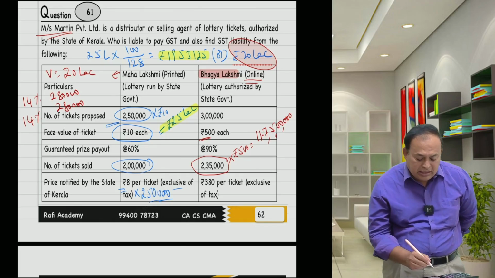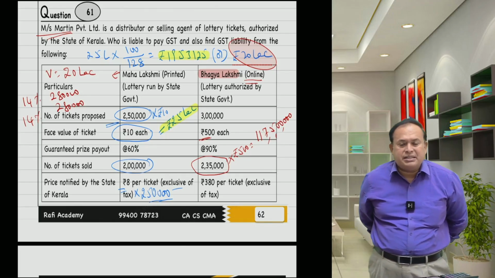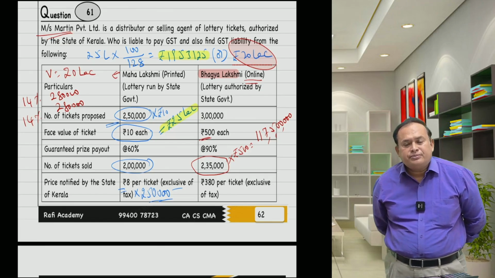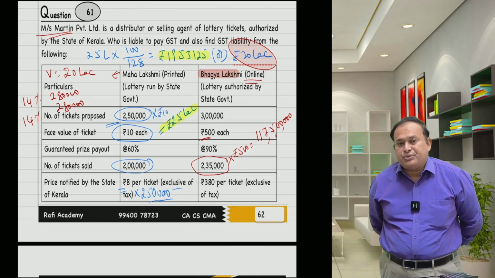Yes, 11 crore 75 lakhs I can say easily. 11 crore 75 lakhs it is.